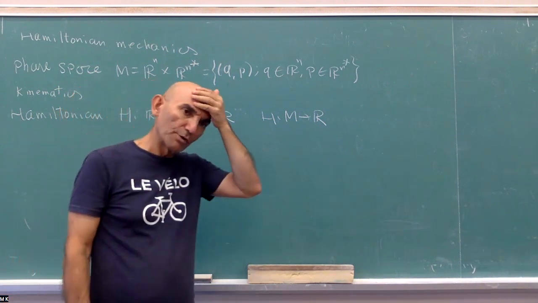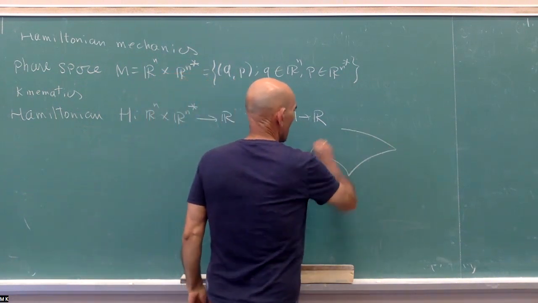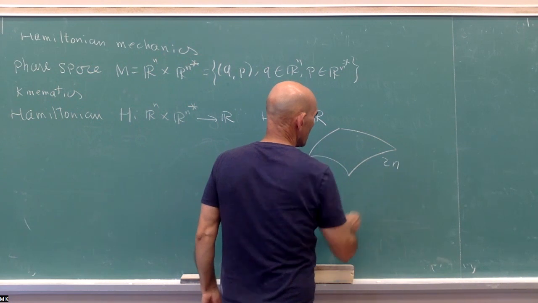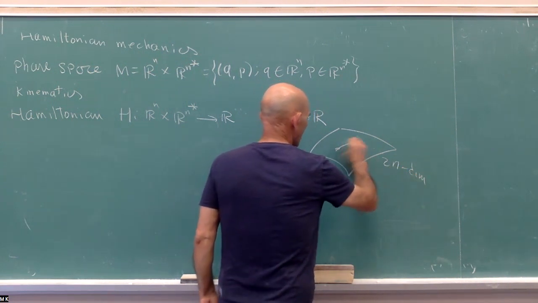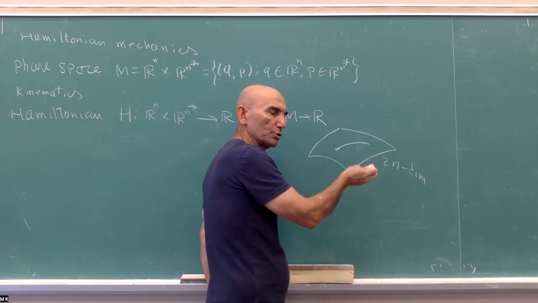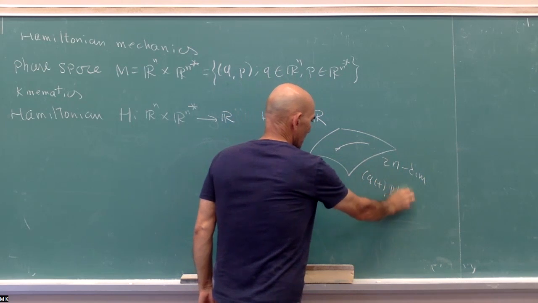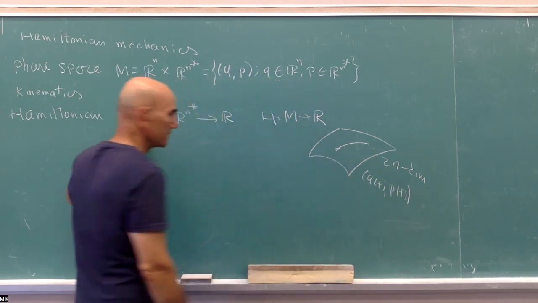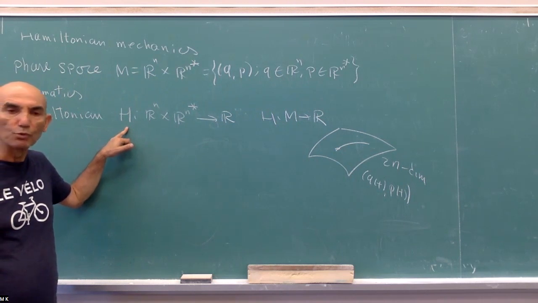And so what are the equations of motion? We have this 2n-dimensional space, and we want to say what dq/dt is for particles in this energy, subject to this Hamiltonian, how it moves.